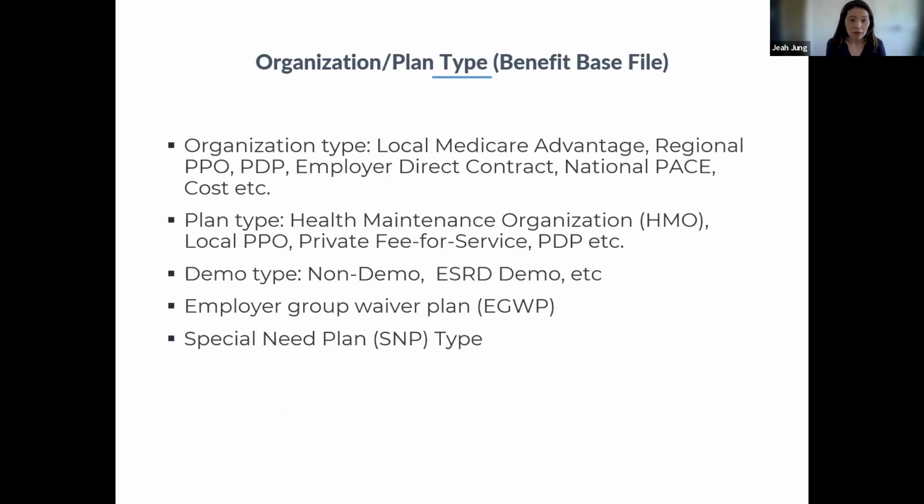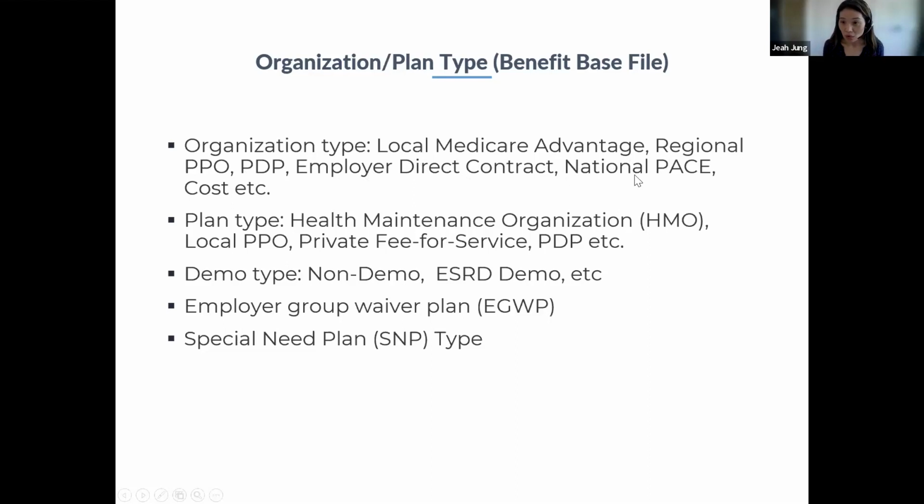These are all variable names: organization type, plan type, demo type, and EGWIP. This is the EGWIP indicator. And then we have an indicator for special needs plan, SNP type. The organization type variable shows local MA, in other words local managed care plans, or regional PPOs and PDPs, employer direct plan, and national PACE.